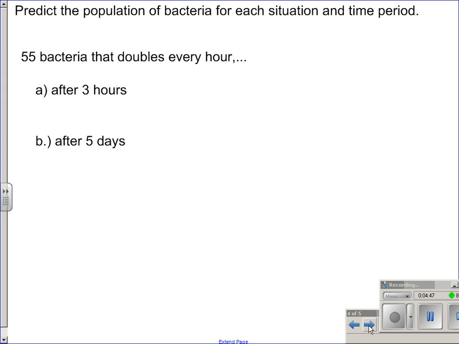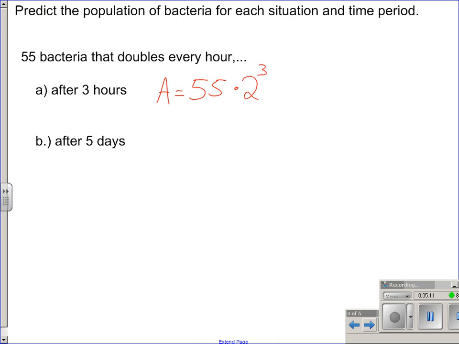So the question is, how much bacteria is there after 3 hours? So we're looking for A. We started with 55. The bacteria doubles. That means we're going to be multiplying by 2 a certain number of times, and this is after 3 hours. So it doubles every hour. So that means we're going to take 2 to the third power.